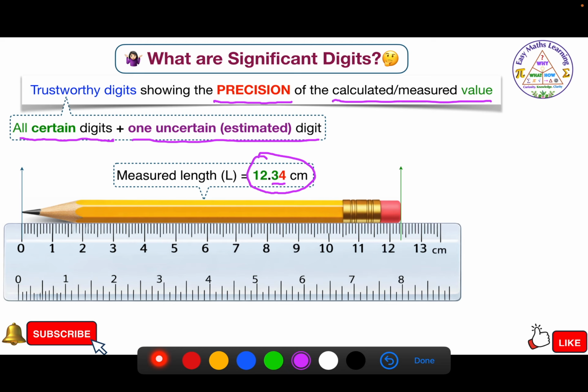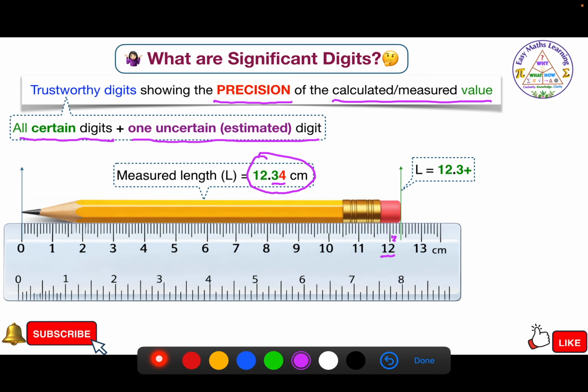In the figure, you can see that the pencil length is 12.3 plus. You can see here it is 12, and it is 1, it is 2 and it is 3. So the measured length is 12.3 plus something.